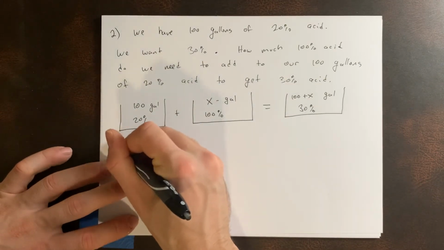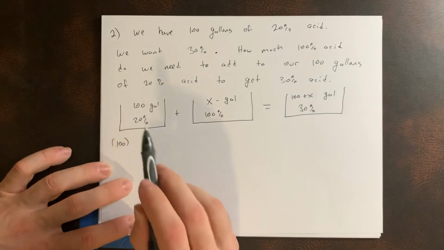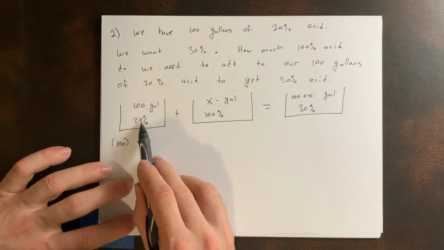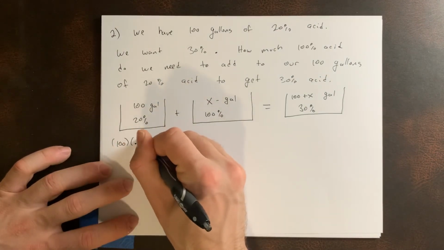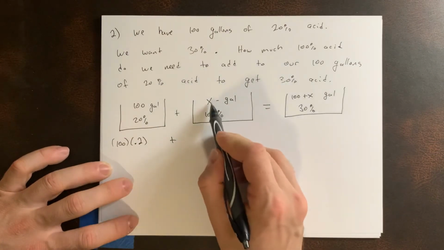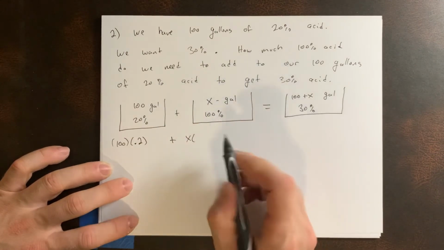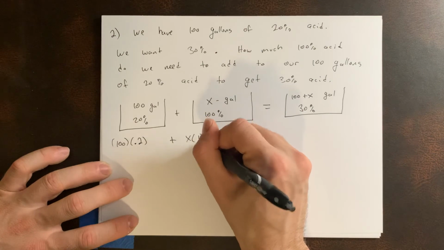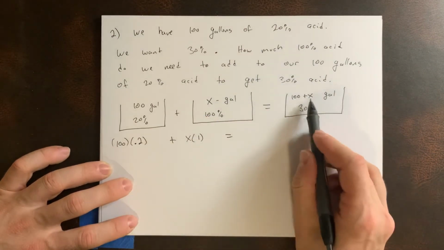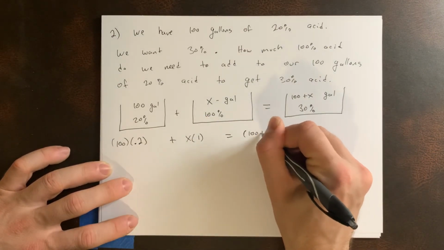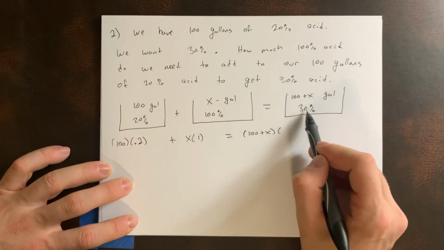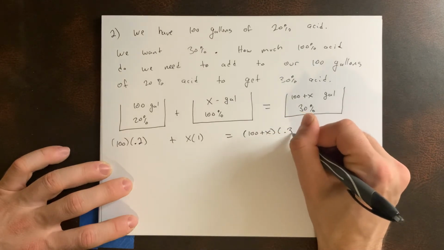We don't want to use percentages, we want to use decimals. So converting 20% into a decimal, that's 0.2, plus X, and then 100% as a decimal, that's 1, equals 100 plus X, and then 30% as a decimal, that's 0.3.